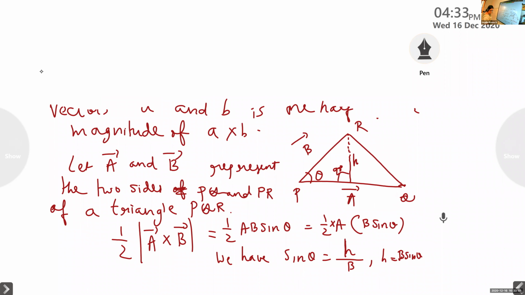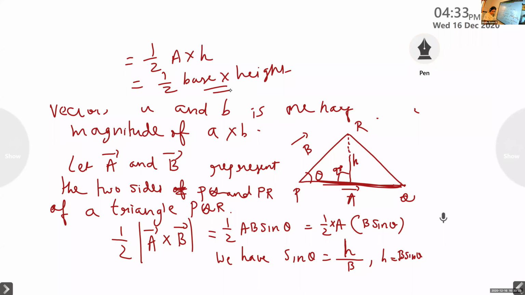So we can substitute H instead of B sine theta. Therefore, we have half A into H. And what is A? The magnitude of vector A is equal to the base. So half into base into height.